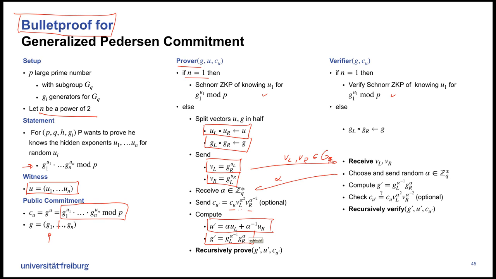So, and then we do this recursively. So what we're doing is basically, so this is still okay that you take some vectors and somehow fold it and you have some random challenge. This is something that we used from Schnorr proof. But what is really changed is that from one recursion to the next one, we changed generators.